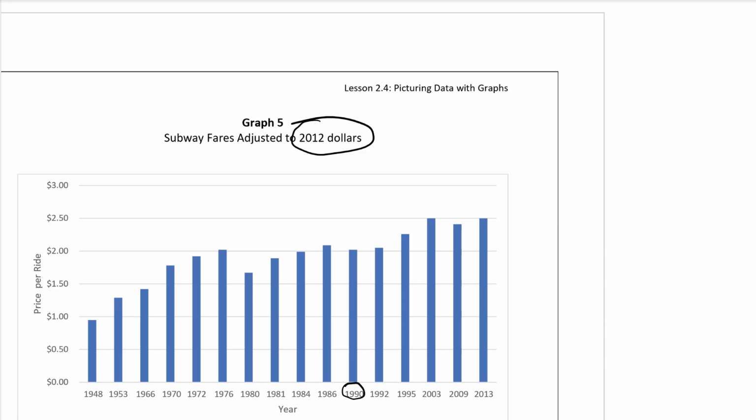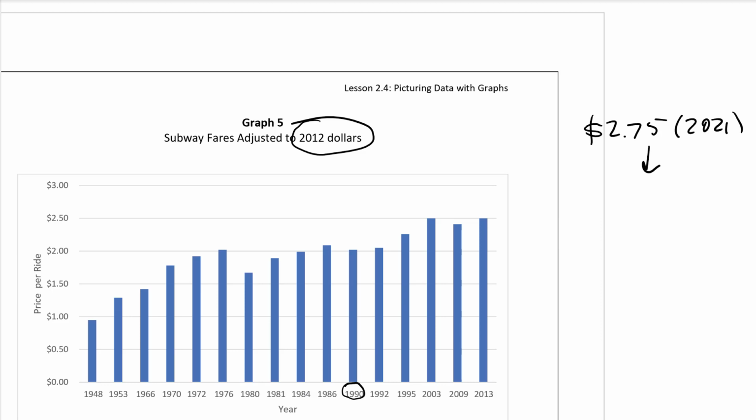So when we're adjusting something for inflation, we just see what the cost was in current money in a way that we can compare. All right. So we're going to discuss this deeper, but this is what this graph is showing. And by the way, if we adjust the cost of the subway fare right now to 2012 dollars, so $2.75 in 2021 translates to a smaller number in 2012.